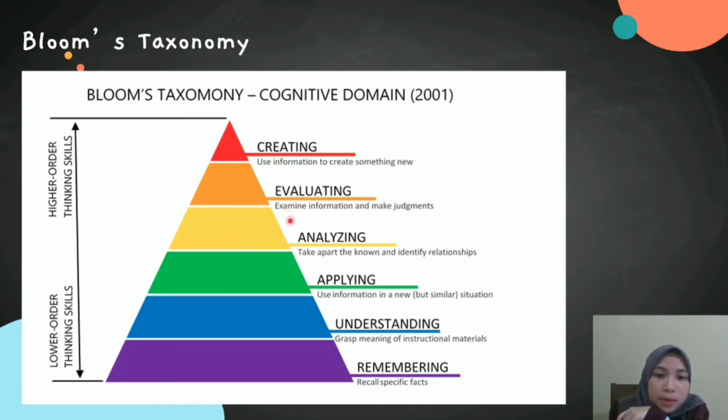Evaluating is examining information and making judgments. Example verbs in the evaluating level are argue, defend, judge, and select. Lastly is creating. Creating is using information to create something new. Example verbs used for this level are design, construct, develop, and investigate.